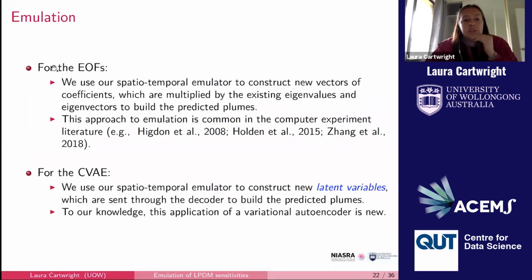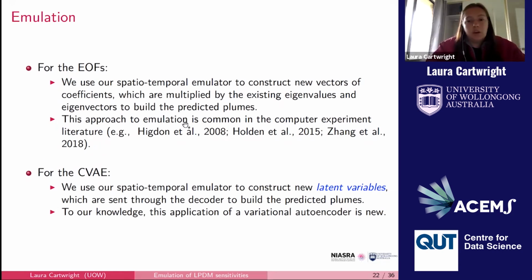Okay, so with the EOF deconstruction, we build spatio-temporal emulators to construct new vectors of those coefficients. And then we multiply those by existing eigenvalues and eigenvectors, and that gets our predicted plumes. So the coefficients would be entries in that matrix U when we did that singular value decomposition.